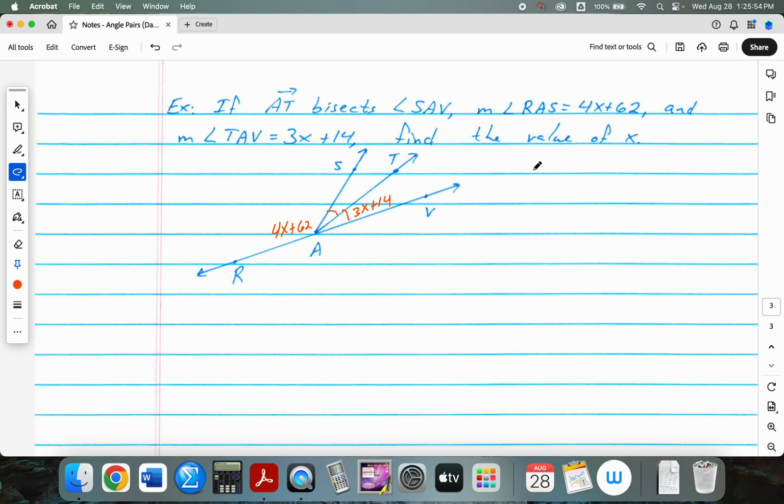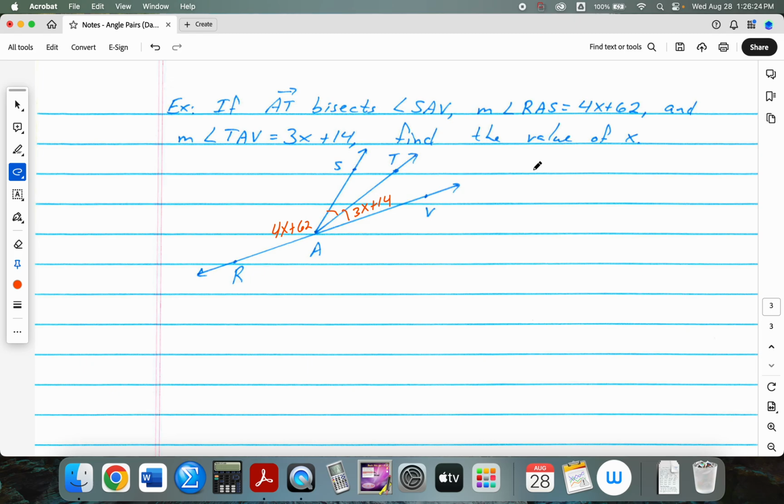It's not immediately obvious what you ought to do in this one. Are those two angles, the 4x plus 62 and the 3x plus 14, a linear pair? No, they're not a linear pair.